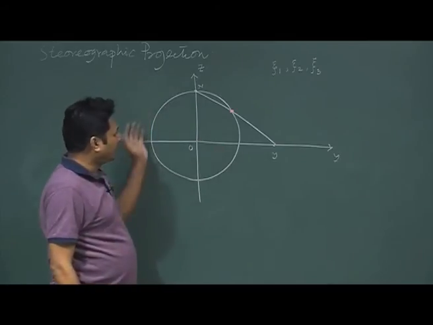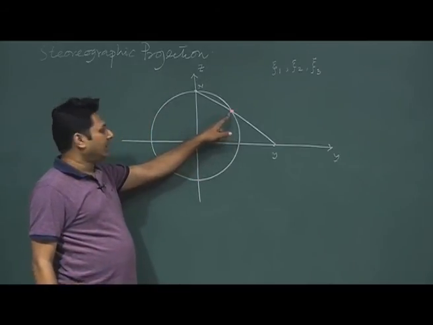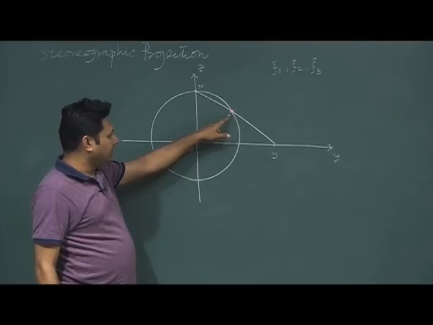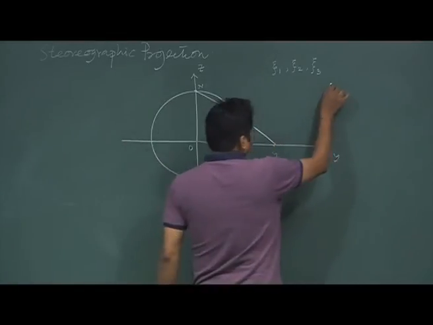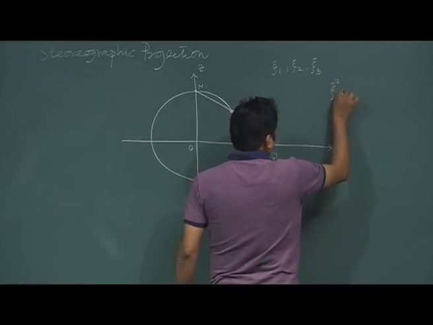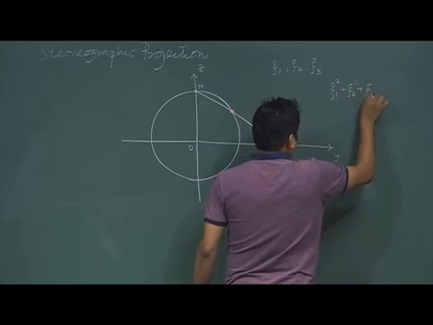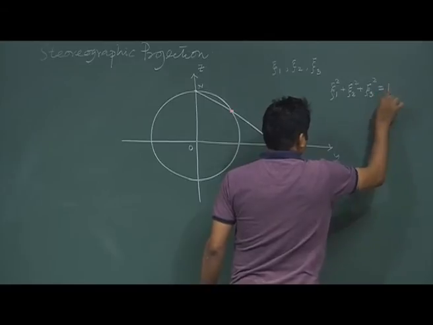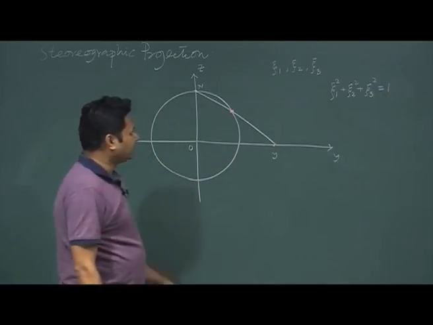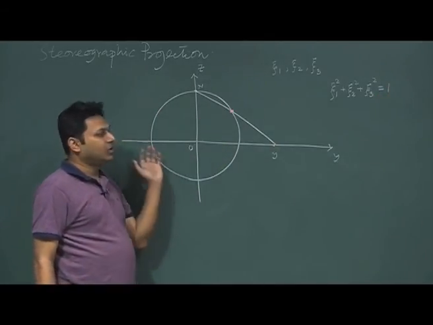This is the coordinate over this sphere, and since the sphere has unit radius, I have an additional expression that psi 1 square plus psi 2 square plus psi 3 square is equal to 1.